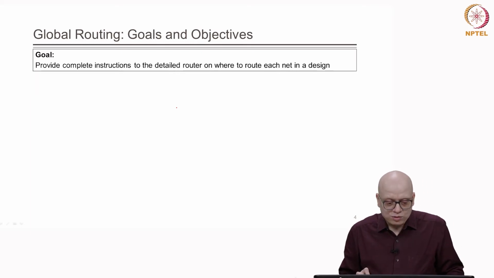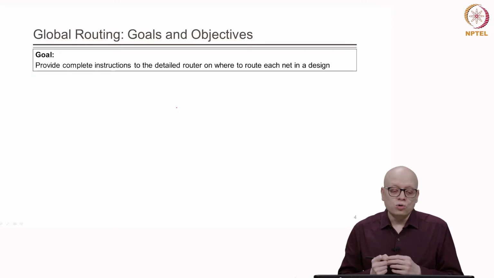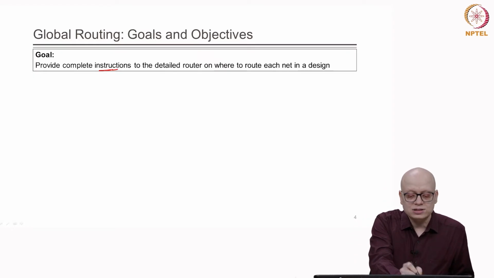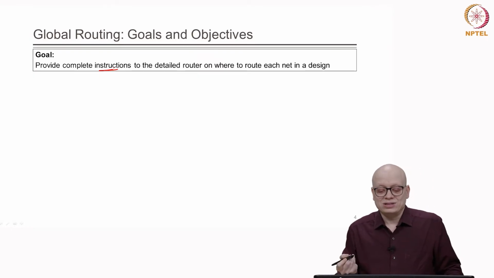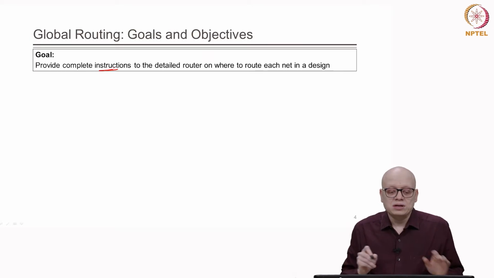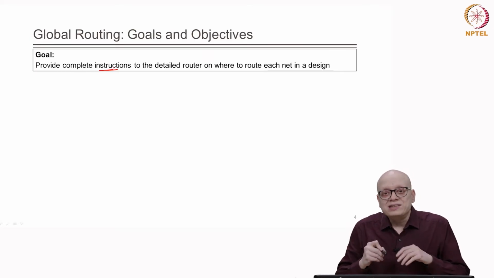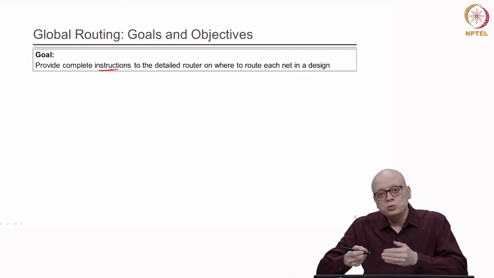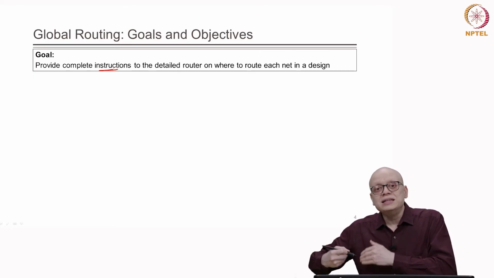In global routing, what is the goal? The goal of global routing is to provide complete instructions to the detailed router on where to route each net in the design. So global routing is basically creating a plan, and this plan will be utilized by the detailed router.